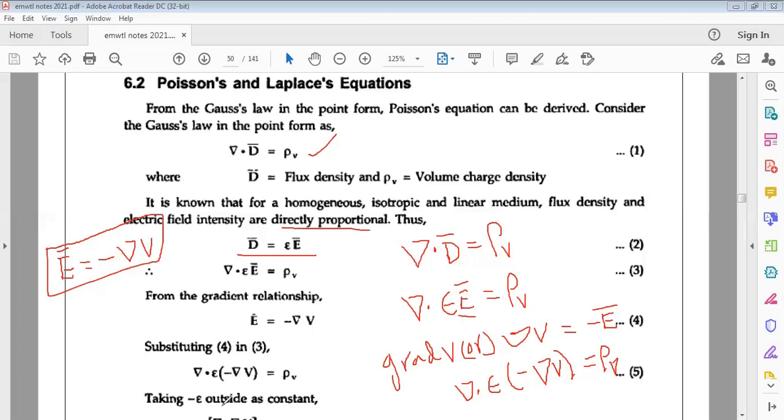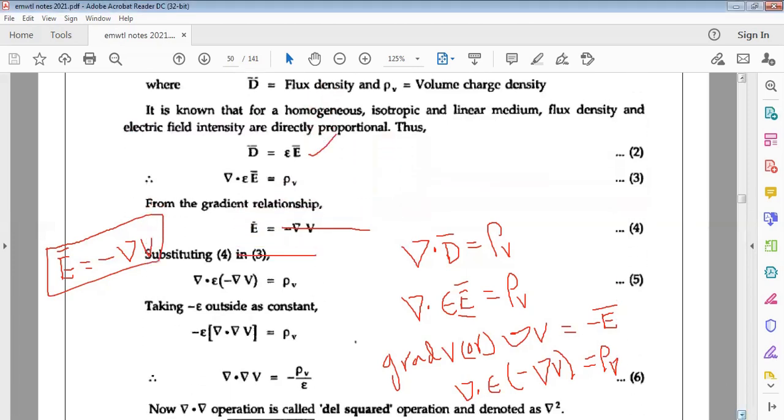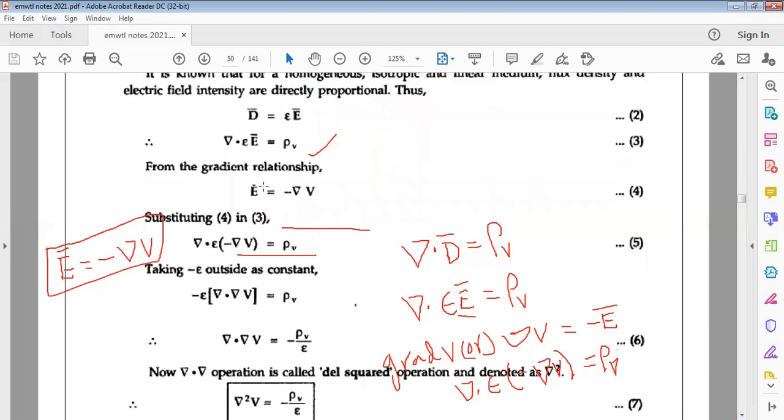Taking minus epsilon outside as a constant, inside there is del dot del V is equal to rho v.